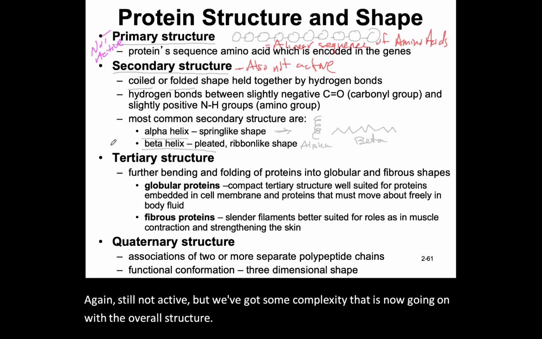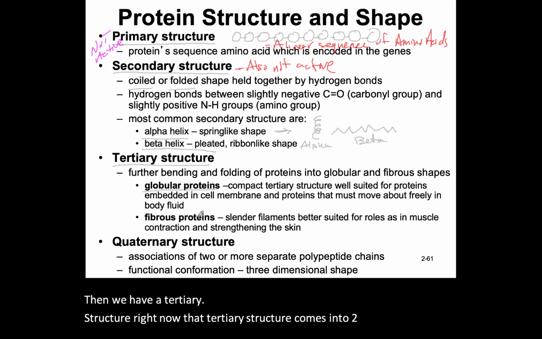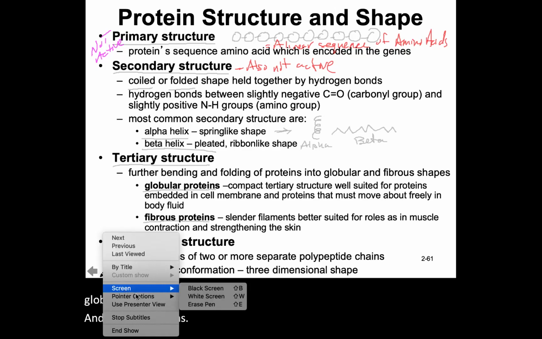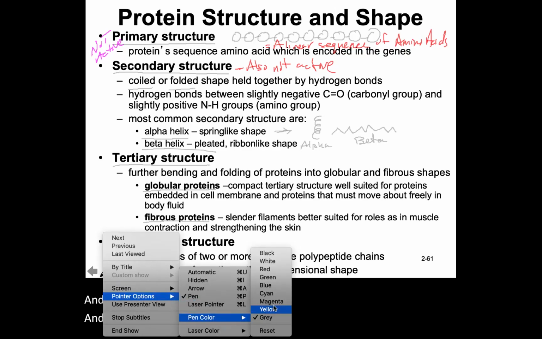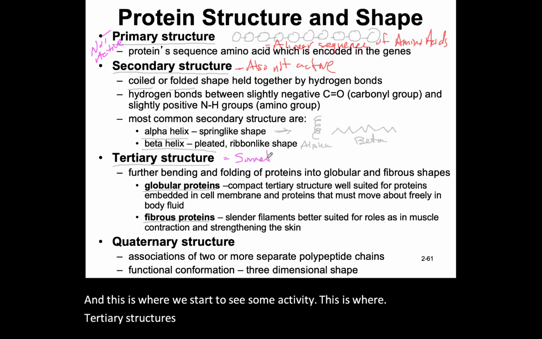Then we have a tertiary structure. Now that tertiary structure comes into two different forms: globular proteins and fibrous proteins. And this is where we start to see some activity. This is where tertiary structures will sometimes be active.